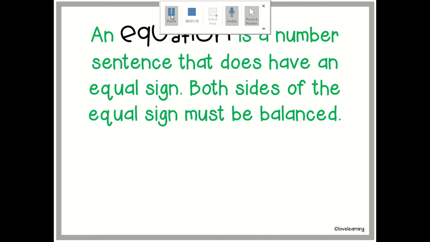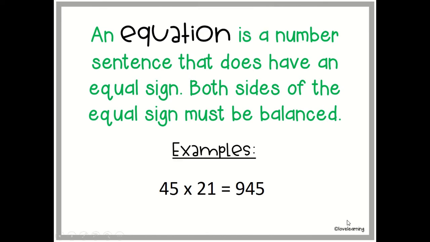What that means is that whatever is on one side must also be on the other side. So let's look at an example. 45 times 21 equals 945. When I told you it had to be balanced, I know that 45 times 21 would equal 945.